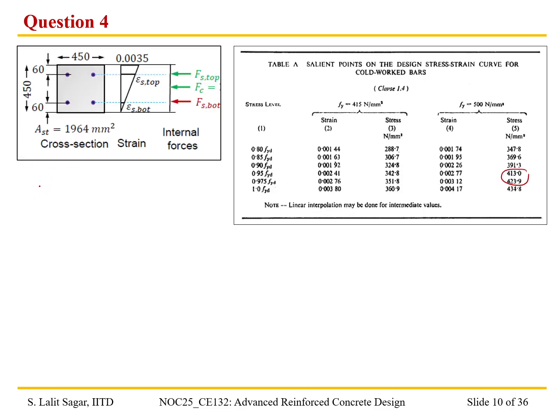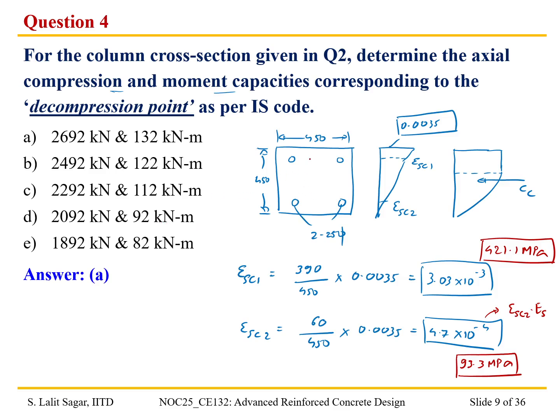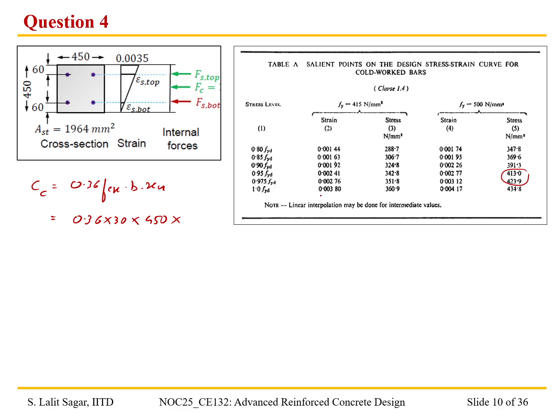The stress block force is given by 0.36 fck b xu, which is 0.36 into fck of 30 MPa, and b is 450, and the neutral axis depth is the entire depth of the cross section, another 450, multiplied by 1000 to express it in kilonewton.